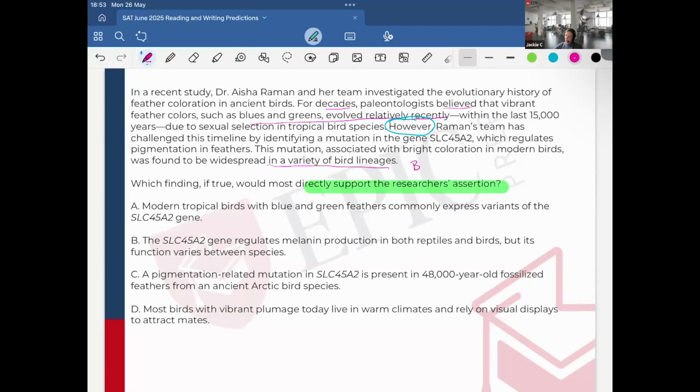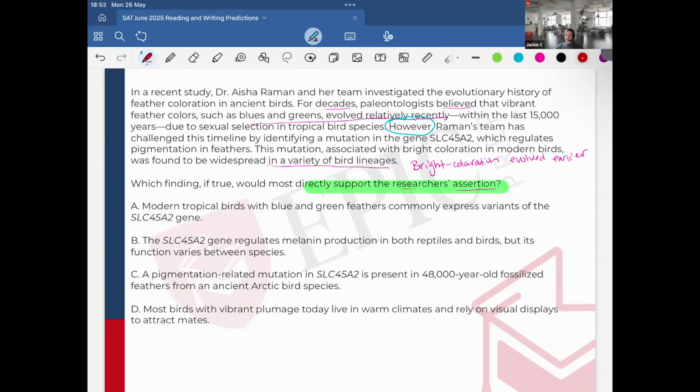So basically, before even looking at the answer choices, I'm thinking that bright coloration evolved earlier. And if I want to support the researcher's assertion, I need some evidence that would help to prove that the bright coloration did not evolve recently, right? So that it appeared maybe more than 15,000 years ago.